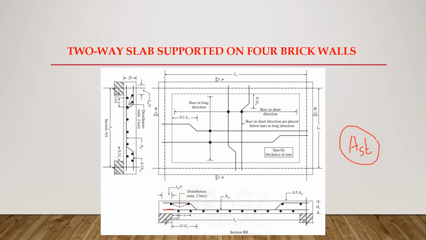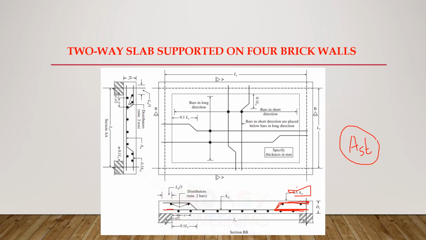That means, let's look here. From this point here, 50% of the reinforcement is extended to the top side, and the remaining 50% is extended into the supports. So 50%, that is 0.5 AST, is cranked and taken to the top of the slab, whereas the remaining 50% is extended into the supports here.